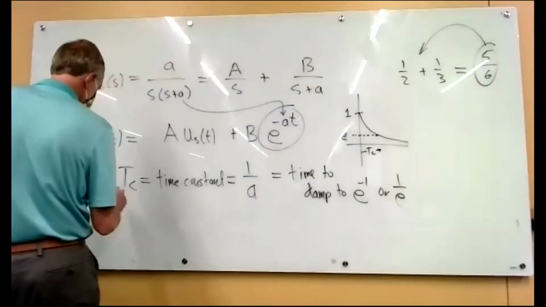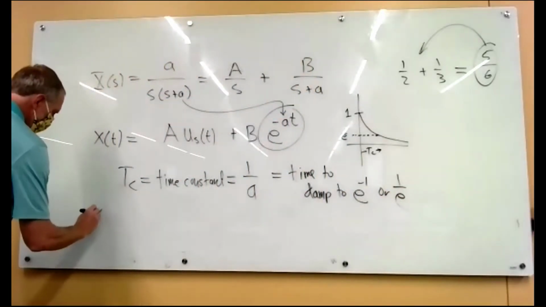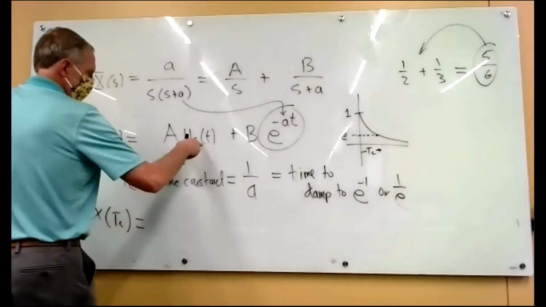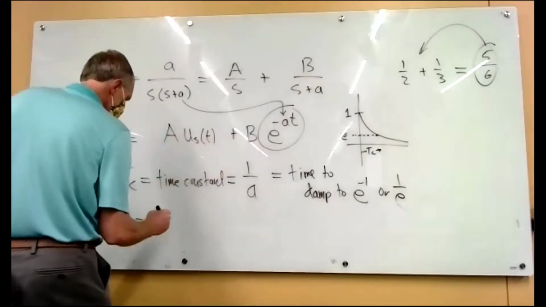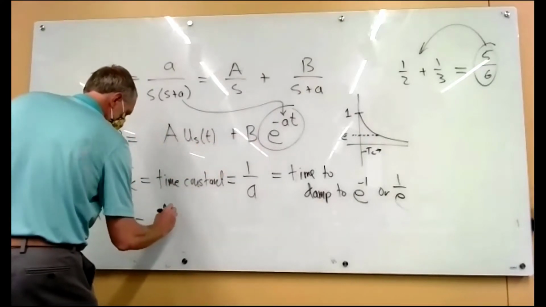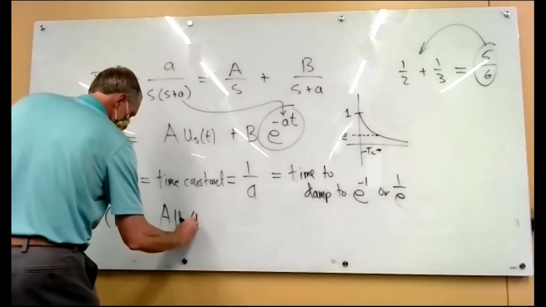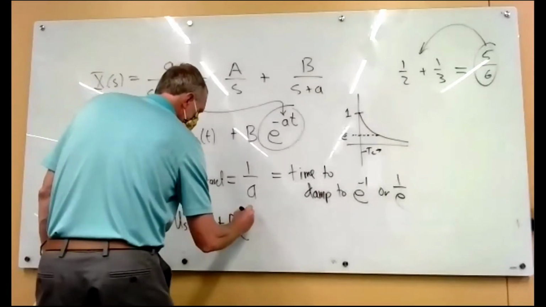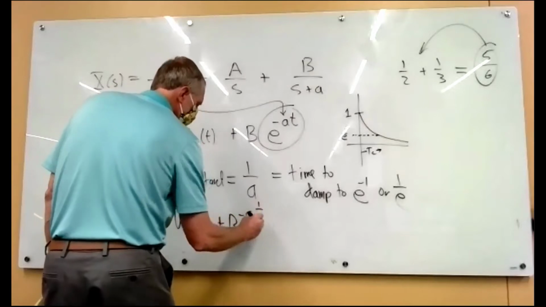Right, you see that if you plug in x at t sub c, but we're just talking about this term here, you get e to the minus a times 1 over a.